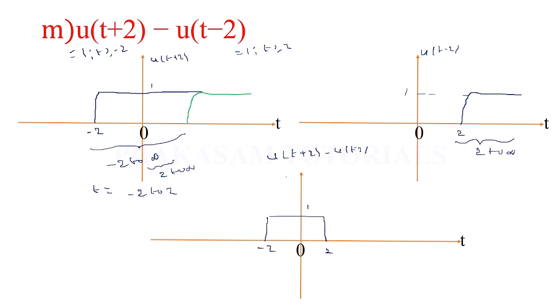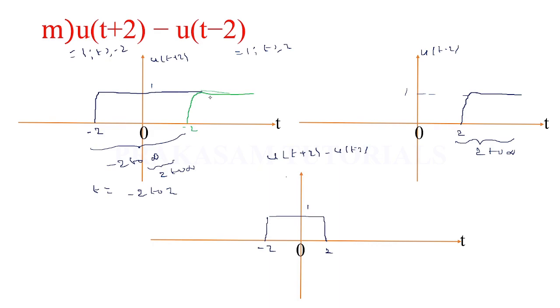Here t greater than or equal to minus 2 and t greater than or equal to plus 2, this is the common area. Because of the minus, this portion is cancelled. The remaining portion is between minus 2 and plus 2.